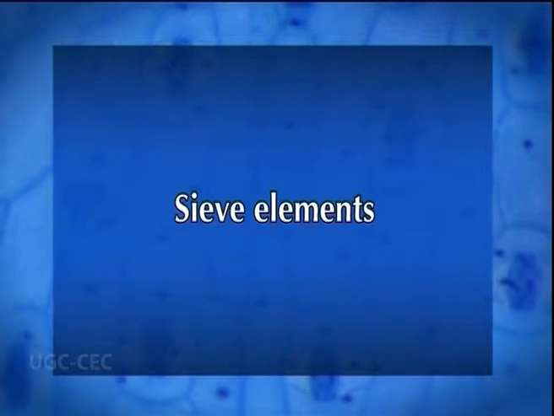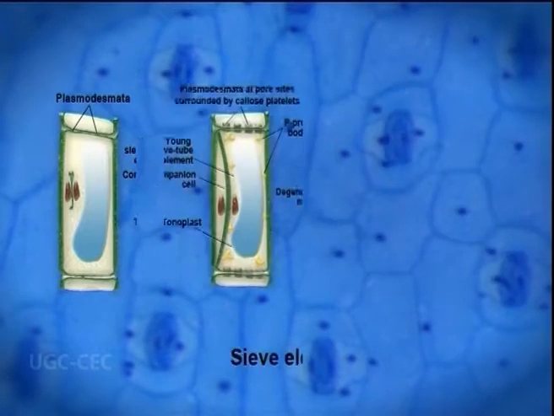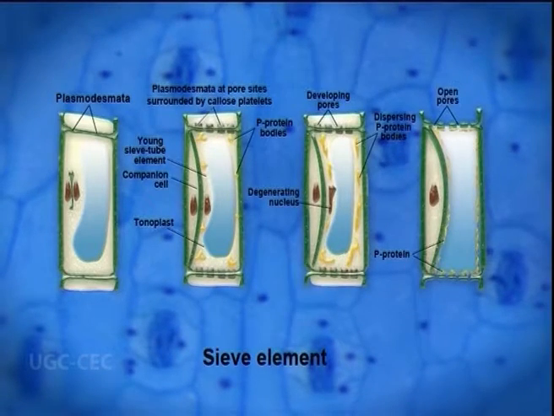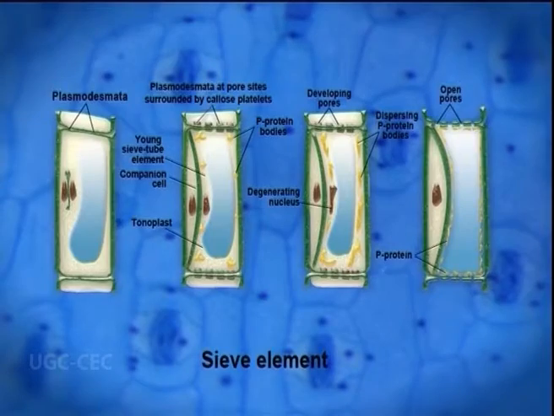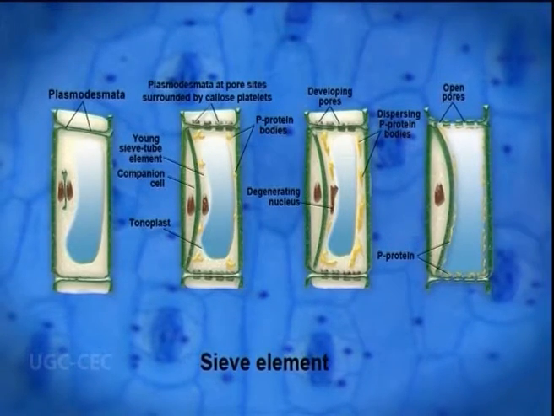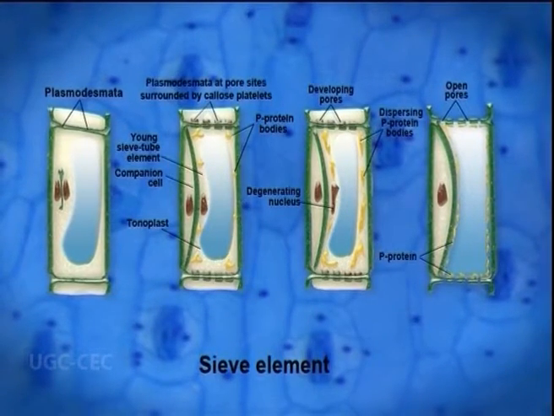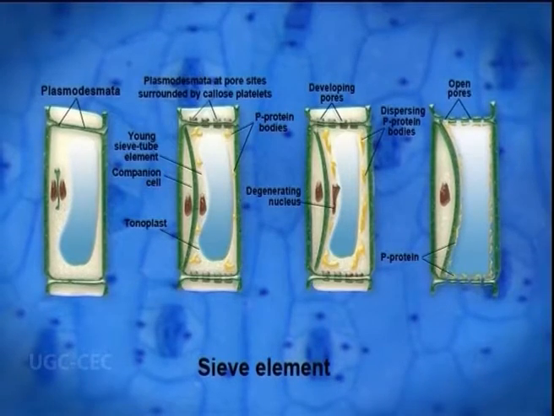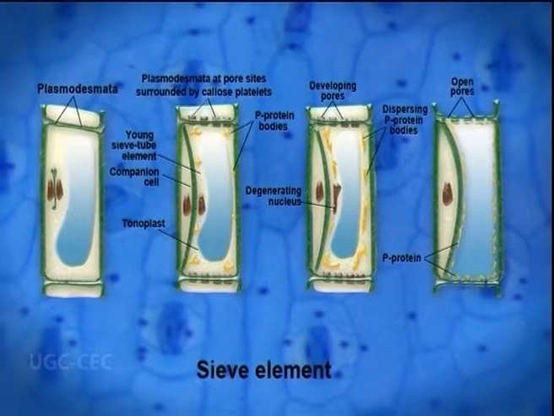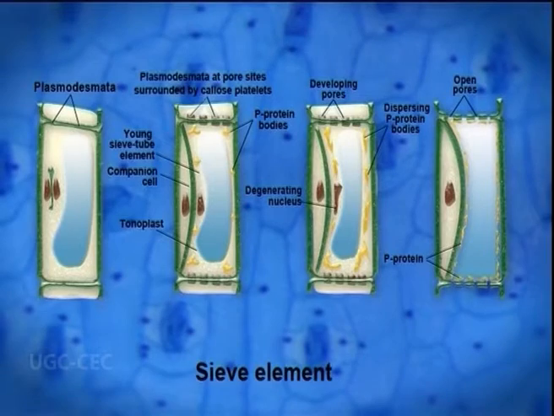Sieve elements. Unlike dead tracheary elements of xylem, sieve elements are typically living cells with an intact, osmotically active plasma lemma, some mitochondria, modified leucoplasts, and endoplasmic reticulum.